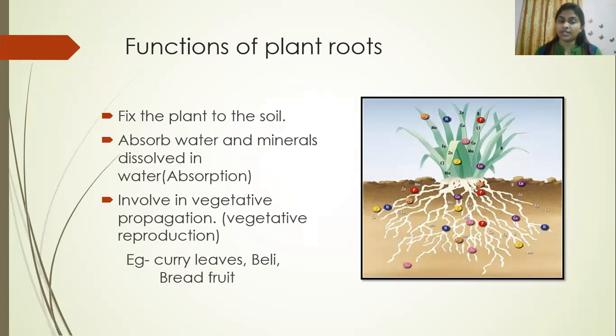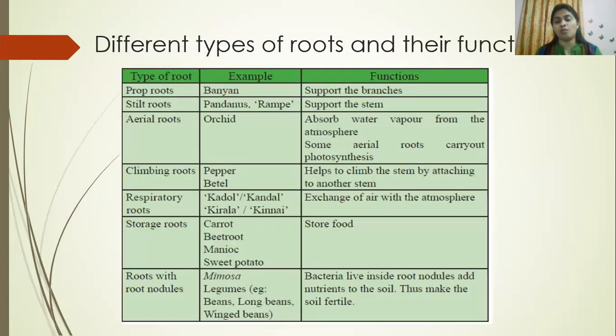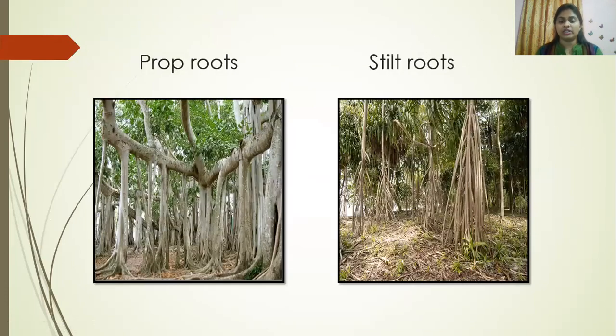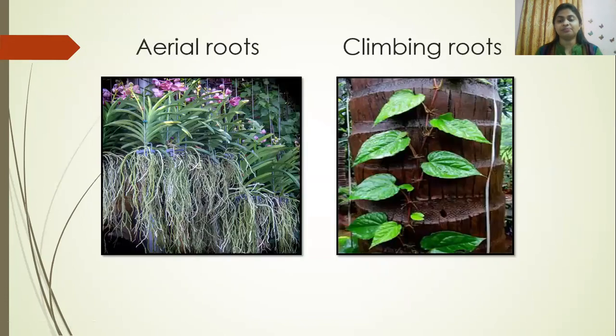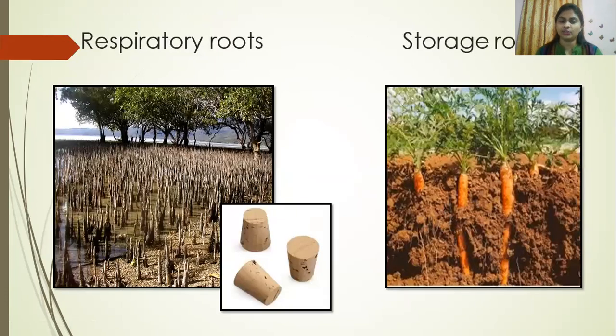The main function is fixing the plant to the soil, and the next most important function is absorbing water and minerals dissolved in water. So these are the different types of roots. You have to remember the type of root given in this column, the example, and the functions too. We identified each and every root system. I hope it is clear to you.